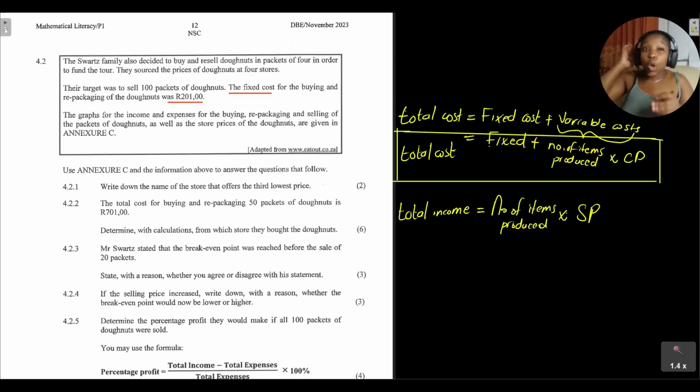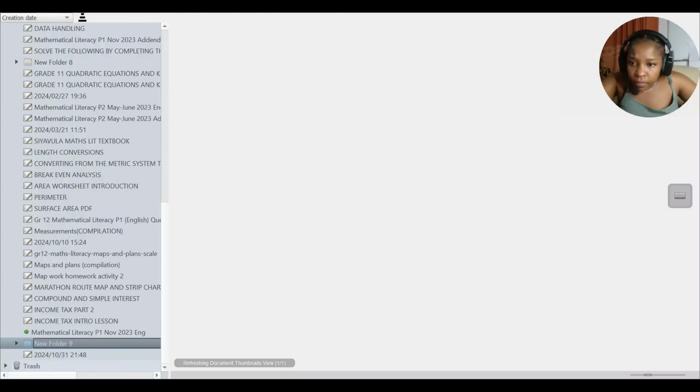So in this case, we are already told what the fixed cost is. The graph of the income and expenses for the buying, repackaging, and selling of the packets of donuts, as well as the store prices of the donuts, are given in Annexure C. So we're going to analyze Annexure C and the information above to answer the questions that follow.